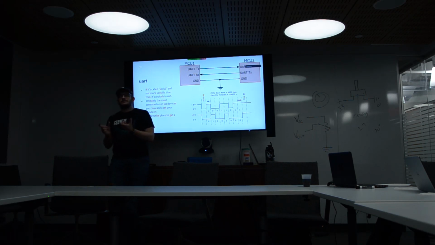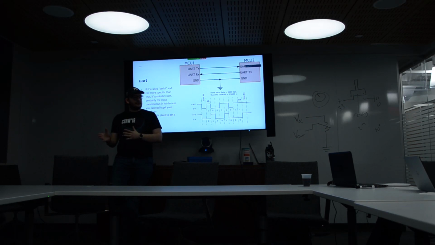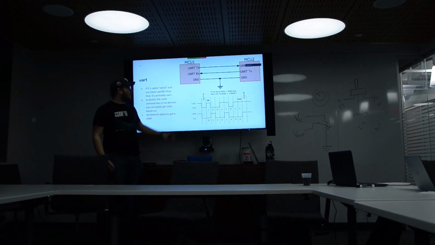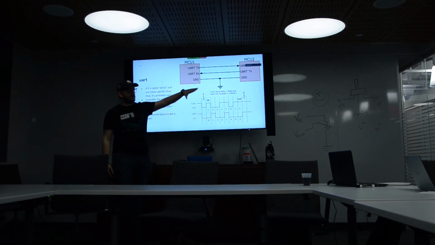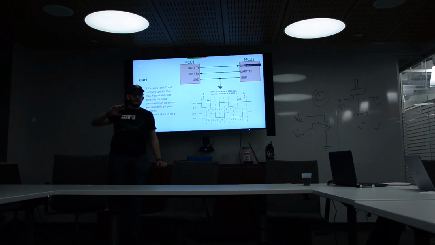But the devices set for themselves the clock speed and the encoding. So however many bits are in a byte, if you've got safety checks on or not, and then they just talk. You have one transmit line and one receive line. You can transmit and receive at the same time if you want, but you can only talk to one device at a time.